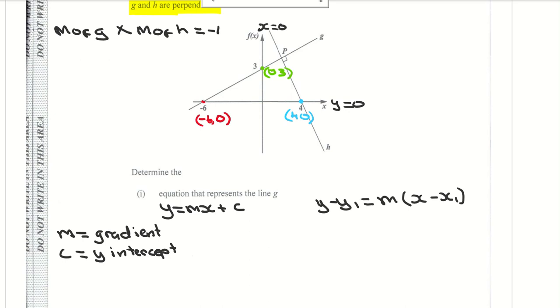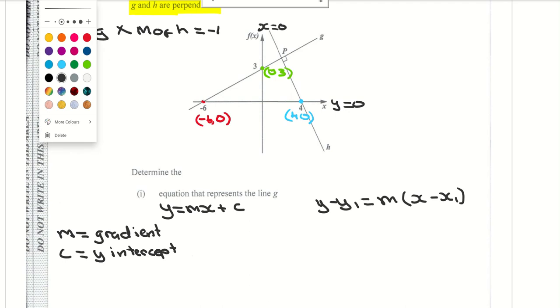We can see from the diagram that your c, which is your y-intercept, crosses the y-axis at 0, 3.